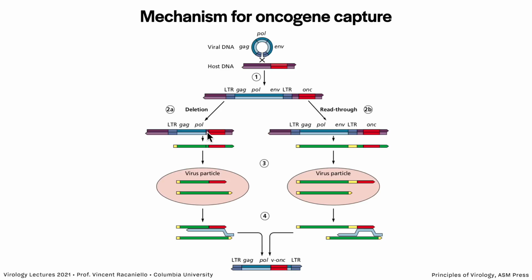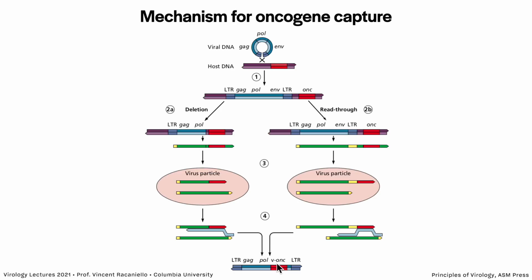Now we have transcription of not only the retroviral genome, but the oncogene. The promoter in the left-hand LTR just churns right through the viral genome, picks up the oncogene, and there we have it. That gets incorporated into the virus particle, and when that virus infects the next cell, it will integrate the oncogene into the host cell DNA.